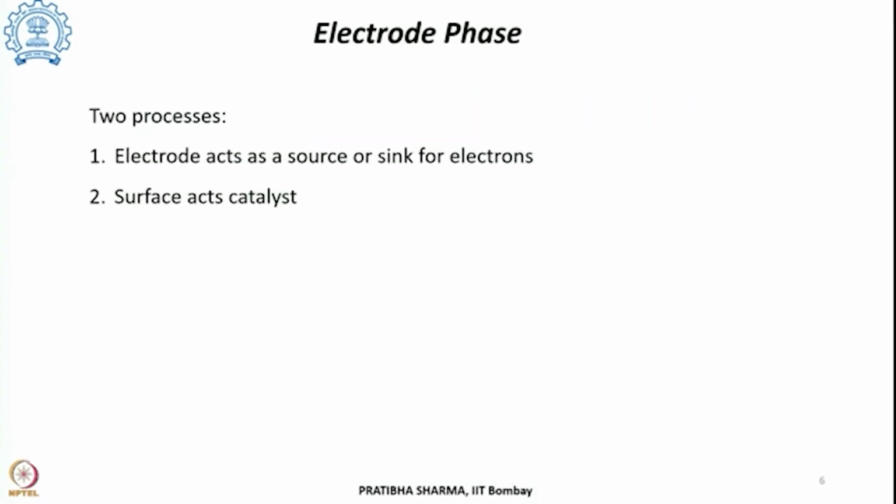Now, when we look at the processes involved on the electrode surface, there are two types of electrode processes. One is where it acts as an electron source or sink, and reaction kinetics are independent of electrode material.